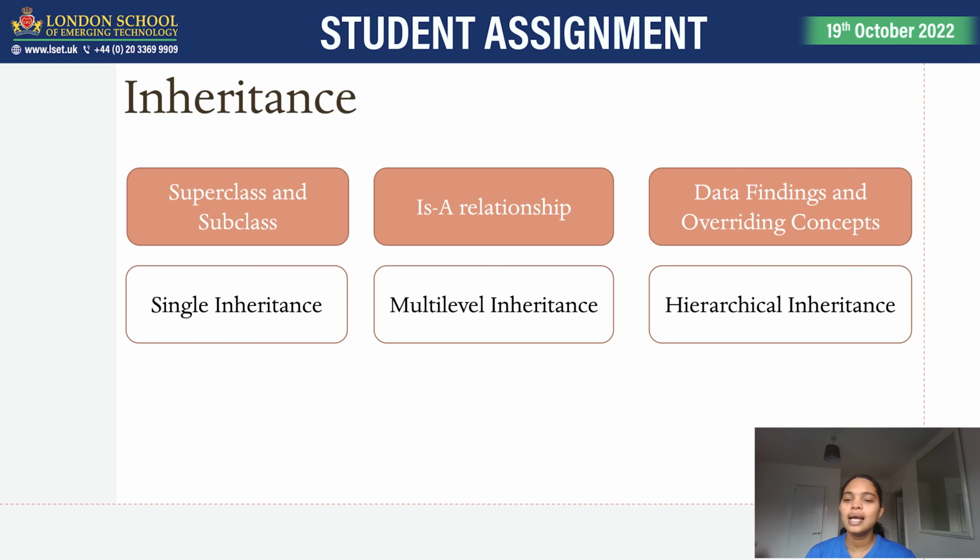The child class will inherit the properties of the parent class. Also, the grandchild will inherit the properties of the child class and also the parent class. And hierarchical inheritance means it has only one parent class but multiple child classes. The child classes will inherit all the properties of the parent class.